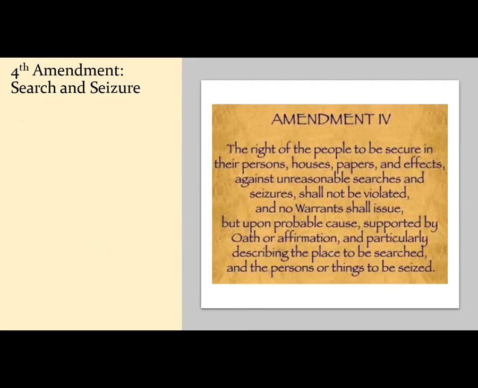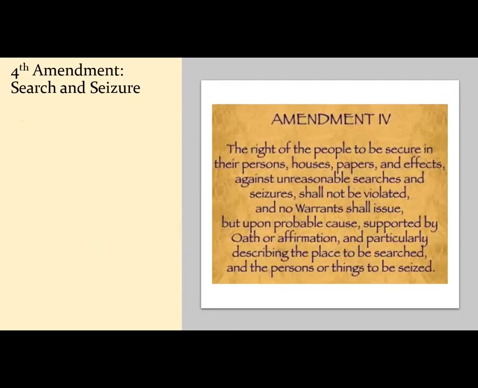And so we have 3 or 4 amendments that are going to require courts to strike a balance between the ability of the government to protect the public, maintain some community safety and order, against the right of the individual to be free from government intrusion.